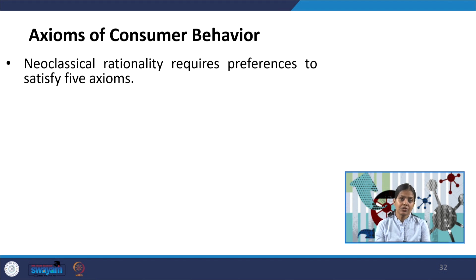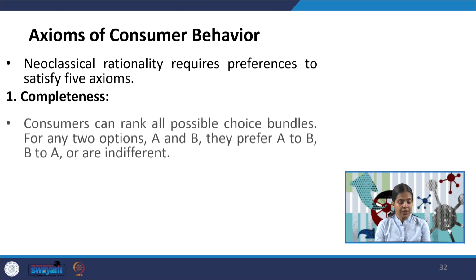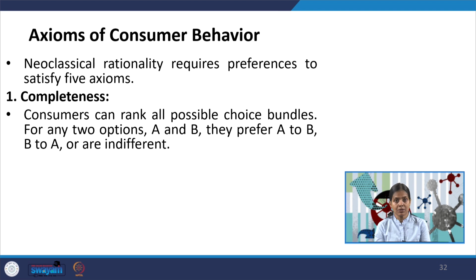Now, talking about axioms of consumer behavior, neoclassical rationality requires preferences to satisfy, first of all, 5 broad axioms. First of all, completeness. Consumers can rank all possible choice bundles for any two options A and B. They prefer A to B or B to A, or they are indifferent between them.